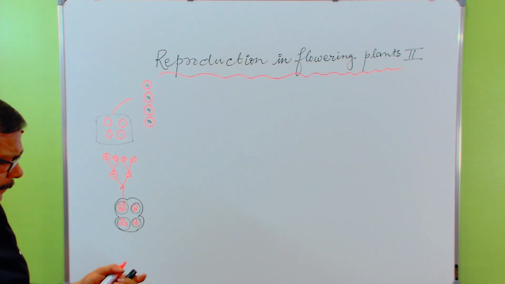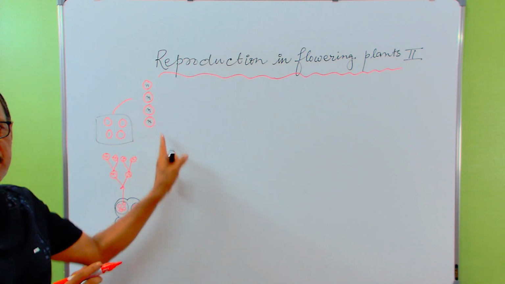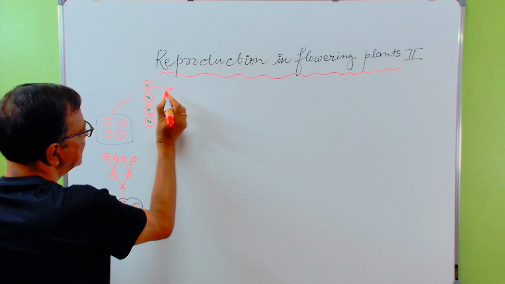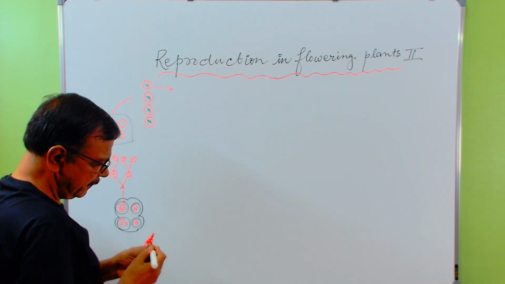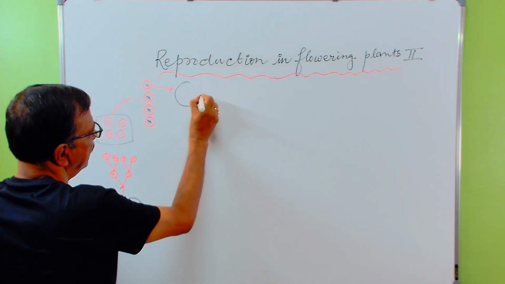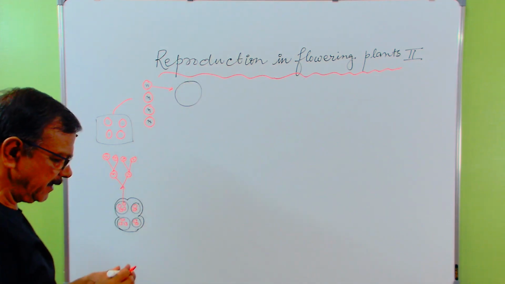And then we took one of these, not 4, and say that this is a pollen grain.